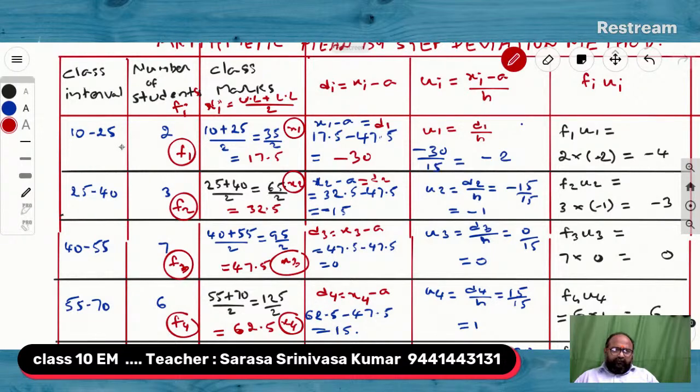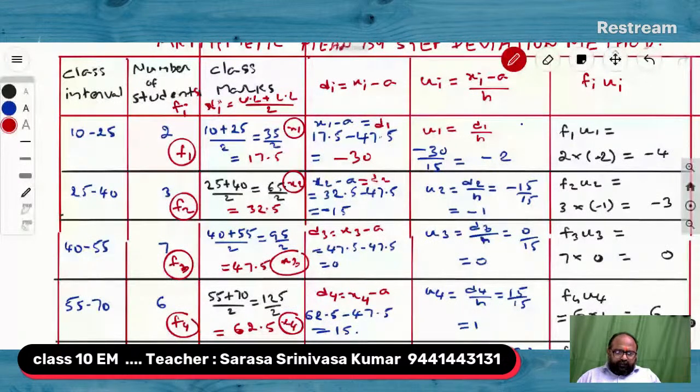Now consider the class interval 10 to 25. 10 is the lower limit, 25 is the upper limit. Class marks equal to 10 plus 25 by 2 equal to 35 by 2. So we get 17.5. x1 is 17.5.